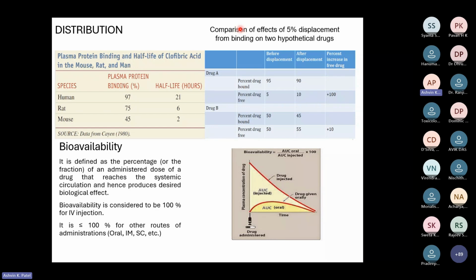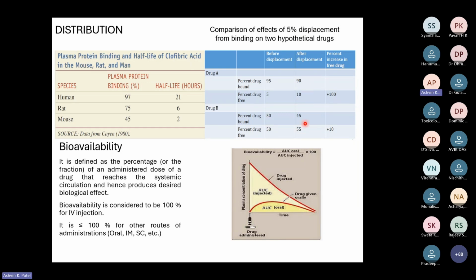For better understanding, here is a comparison of the effect of 5% displacement of drugs from binding for two hypothetical drugs, drug A and drug B. Before displacement, drug A has 95% bound and 5% free drug. In drug B, the bound drug is 50% and free drug is 50%. After 5% displacement, drug A becomes 90% bound and free drug is 10%.